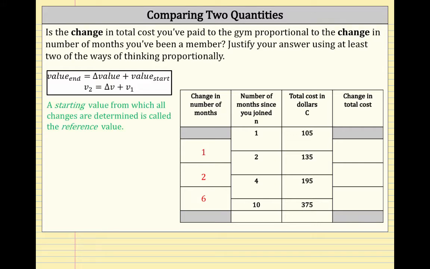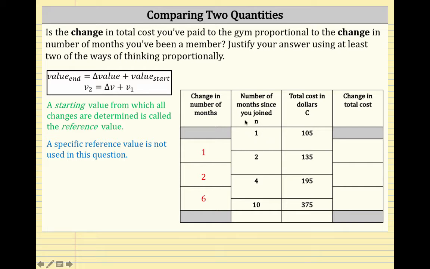In this situation, a starting value from which all changes are determined is called a reference value. But in our situation, we did not have a specific reference used in this question. We kept changing our starting and ending value as we moved through the table. An example of a reference value would be if I'm starting from 1 and making all my changes relative to 1.